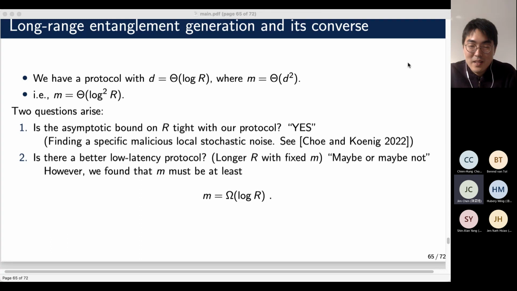So your protocol cannot reach the lower bound, m equal to omega log R, right? Exactly. So is there any protocol that has an m value in between your value and the lower bound?